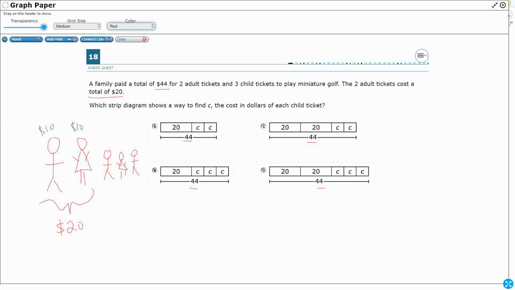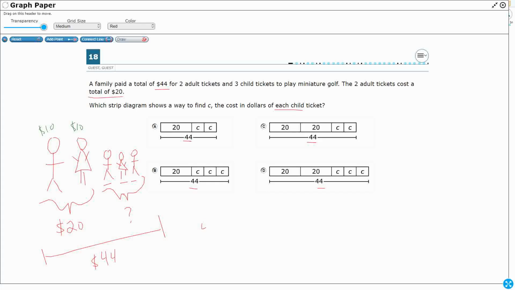And then we know that the whole thing altogether is $44, right? So we've got this missing amount, and we need to find each child's ticket cost. We're going to need to take that amount and cut it into three equal pieces. So let's see what that is.